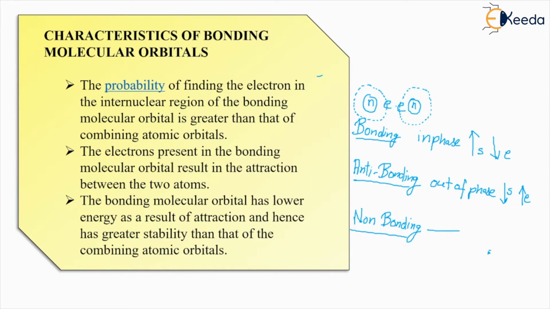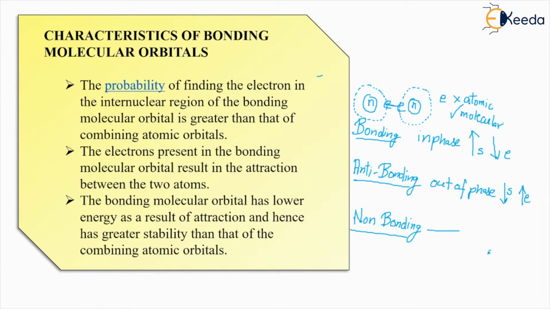Electron here, a bond is being formed. So over here the region of the bonding is greater than of the atomic orbital. Over here this particular orbital will be now considered as a molecular orbital. So the electrons are no more of atomic orbitals, but they are now of molecular orbitals.